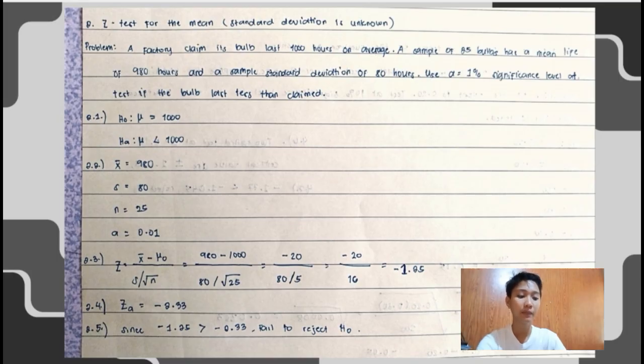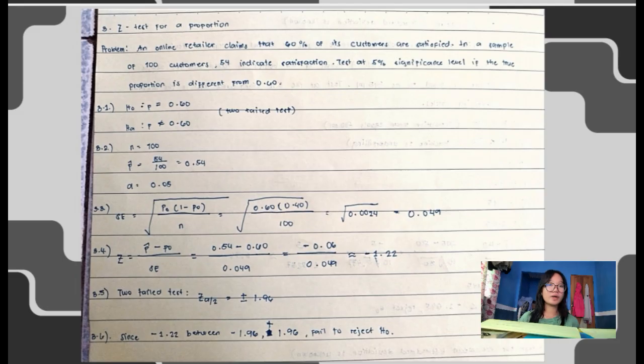So equals negative 20 divided by 80 over 5, which is negative 20 divided by 16, equals negative 1.25. Using the table, our critical value is equal to negative 2.33. So since our z equals negative 1.25 is greater than negative 2.33, it means we fail to reject the null hypothesis.